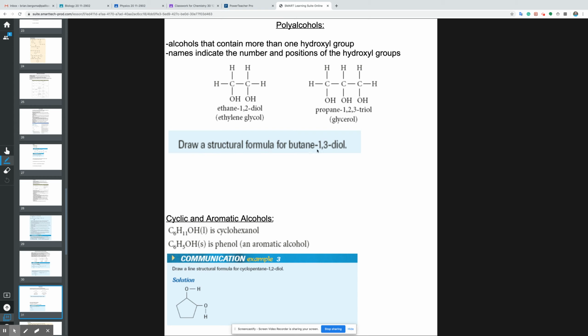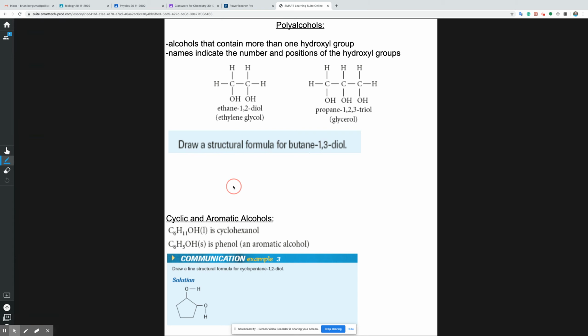If we're drawing the structure, butane-1,3-diol, we draw butane, a 4 carbon chain, with our hydroxyl groups coming off the first and third carbons, and then we fill in all of our H's so that every carbon has 4 bonds. This time I'm just going to put H3.